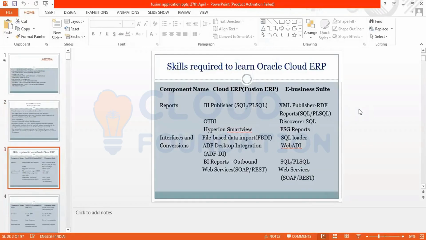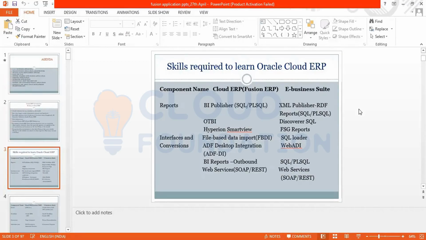When we talk about the skills required to learn Cloud ERP, we have Fusion ERP and Oracle E-Business Suite. In Oracle Fusion ERP, we have BI Publisher, SQL, PL/SQL. And for E-Business Suite, we have XML Publisher, RDF reports. And in Fusion ERP, we have OTBI. In E-Business Suite, we have Discoverer, SQL.